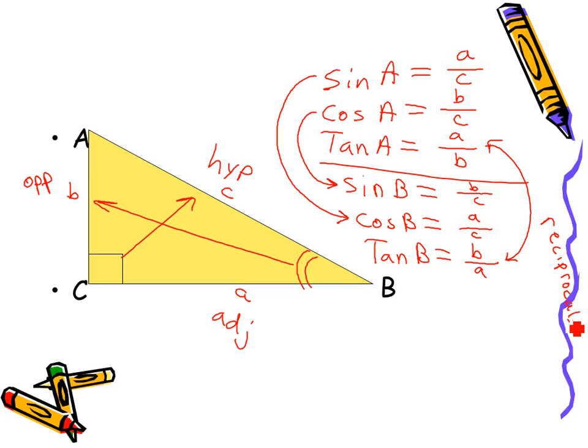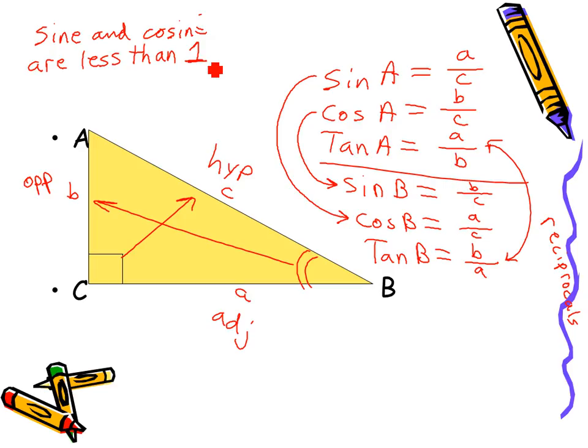The other thing I want you to write down, because I know I saw one of these on the practice test: sine and cosine are less than one. They always have to be less than one.